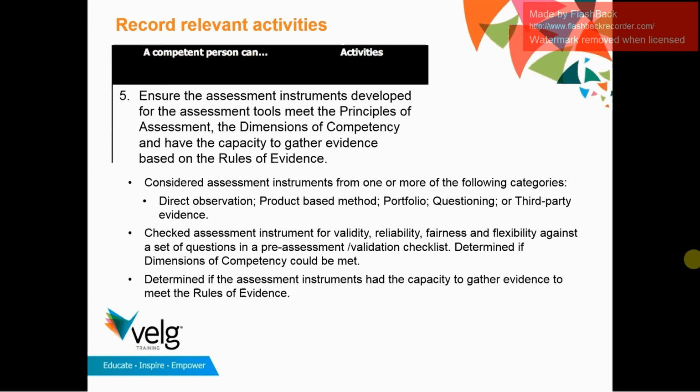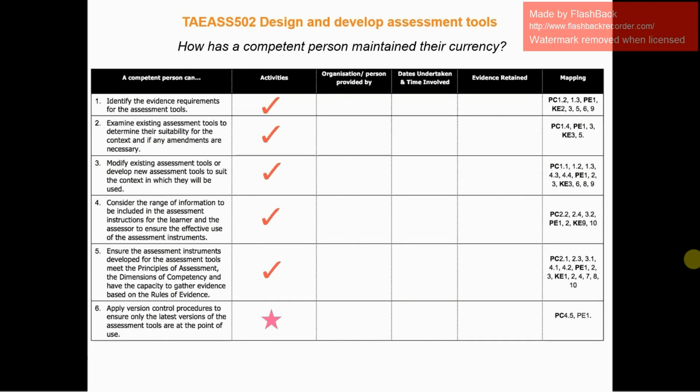So, you know, is it sufficient, etc.? Will it gather evidence that will make it sufficient? So it's all about the potential to gather evidence to meet the rules of evidence. I would then put that into my profile, as you can see there, and then I would start to look at the last one, which again it's your turn to have a look at.